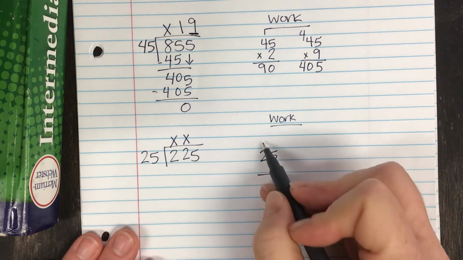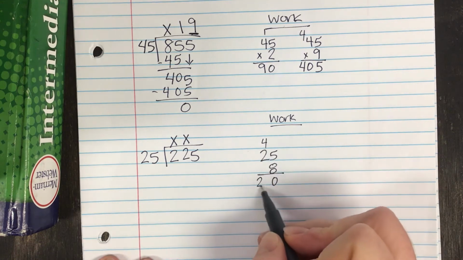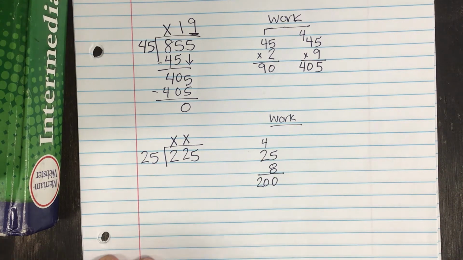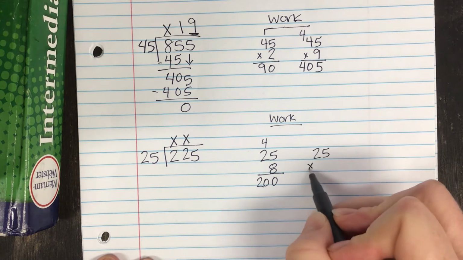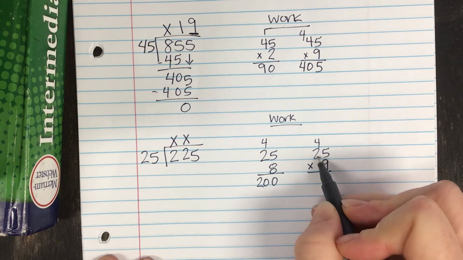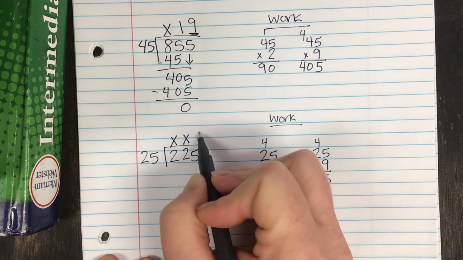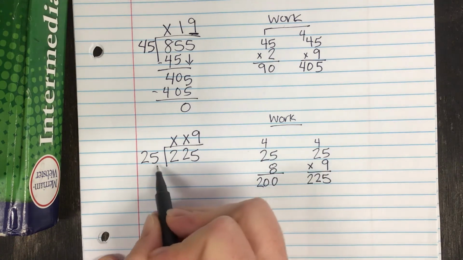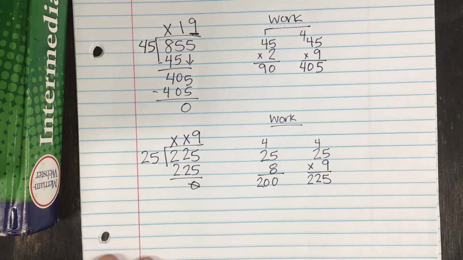So here I have 40, and here I have 16 plus 4 is 20. So that's 200. That's close, but is it close enough? Let's just check that next number to make sure. So this is 45. This is 18 plus 4 is 22. So there it is. So 9 times 25 is 225, and I have no remainder.